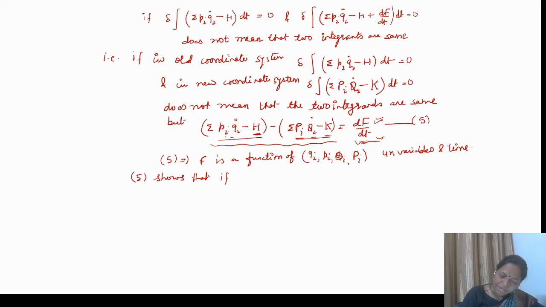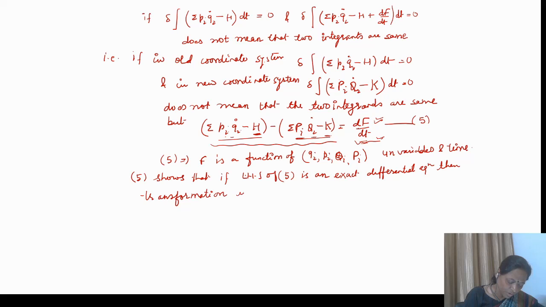If the left hand side of 5 is an exact differential, then the transformation is canonical. So this is the condition for a transformation to be canonical.